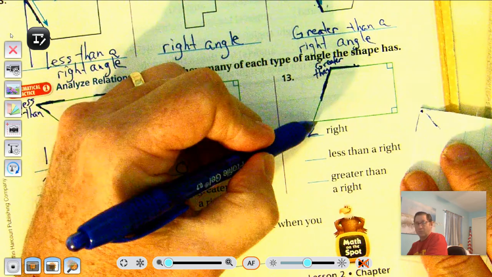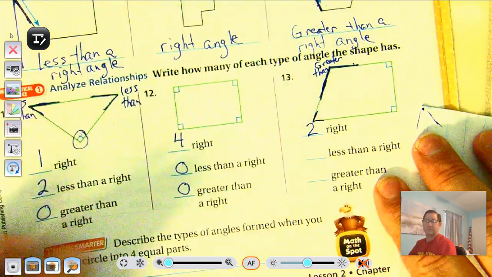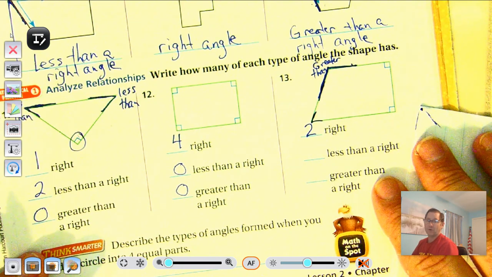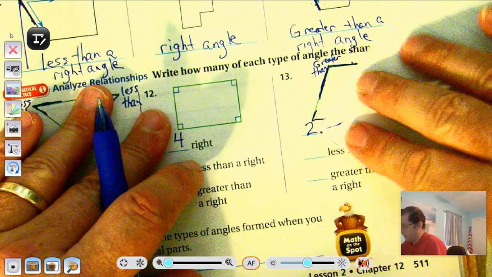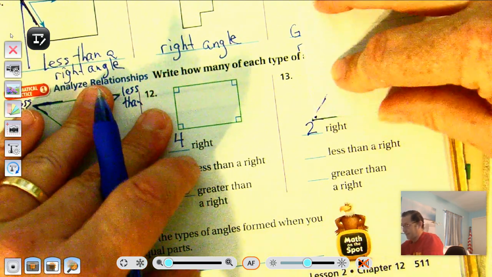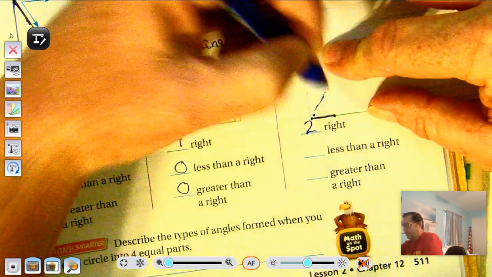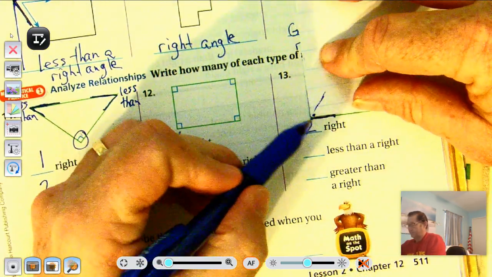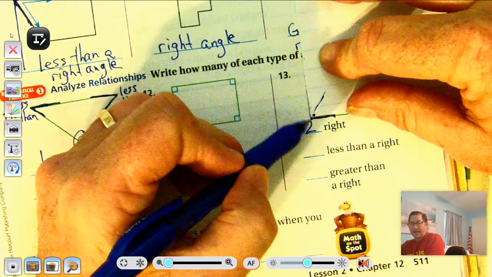And now what is this one? What is this bottom angle? Well, when I'm looking at it, it looks smaller than a right angle. Put the corner of your paper so it lines up. I'm going to use the bottom of my paper. Okay, it lines up with the bottom of the angle, and I can't see the edge of the other angle.